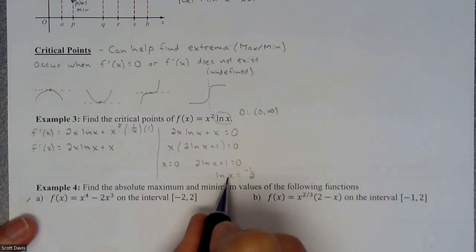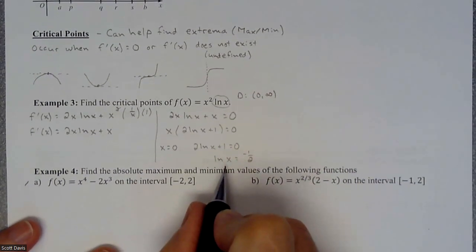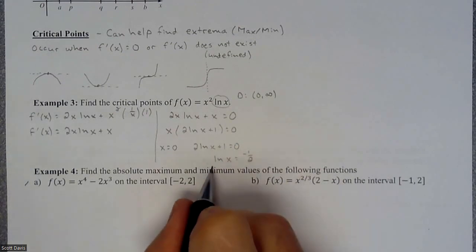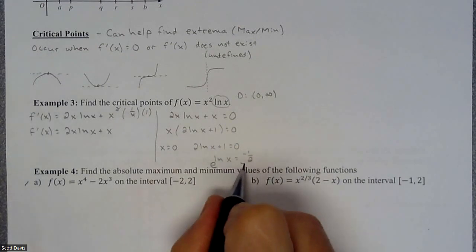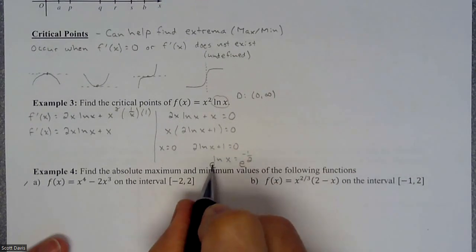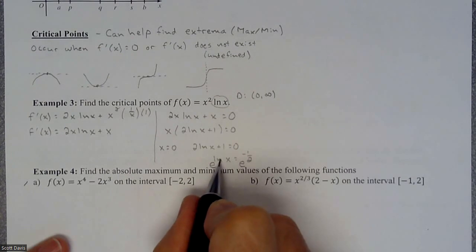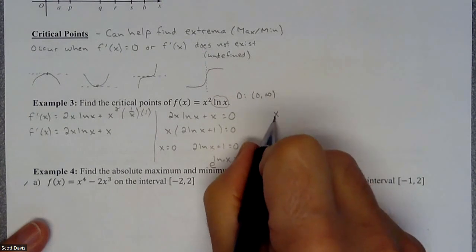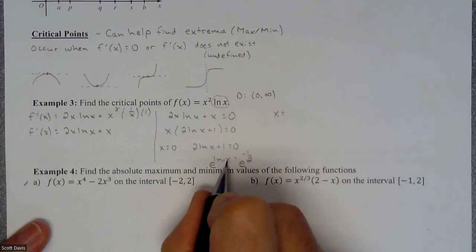And then to solve logs, we are going to exponentiate, which means we are going to make these exponents. When you have an exponential that has a log as an exponent with the same base, these just cancel and it just becomes whatever value is on here.